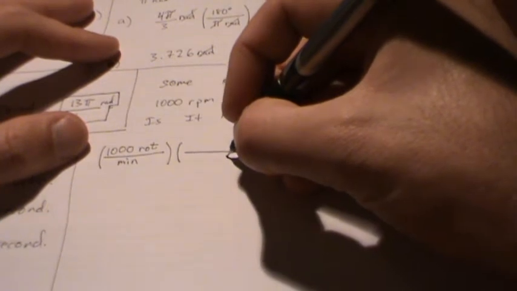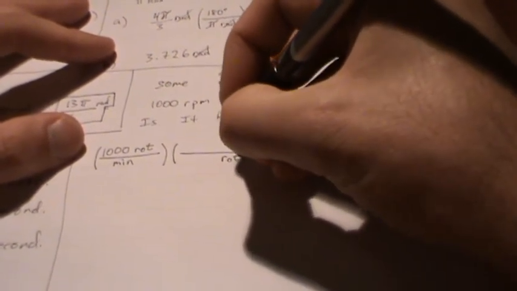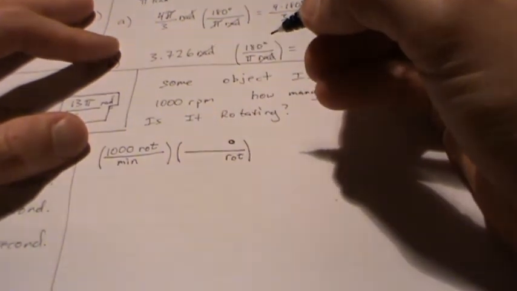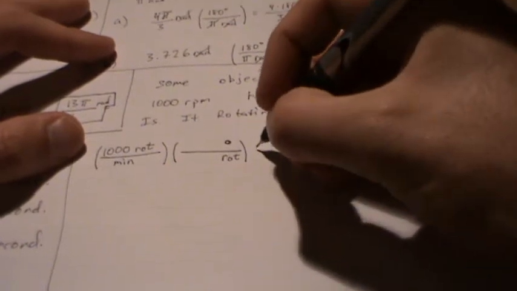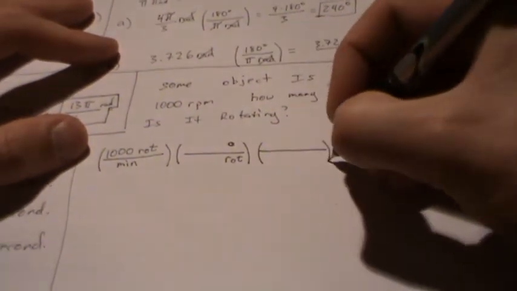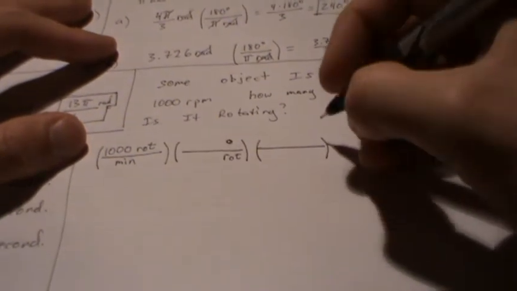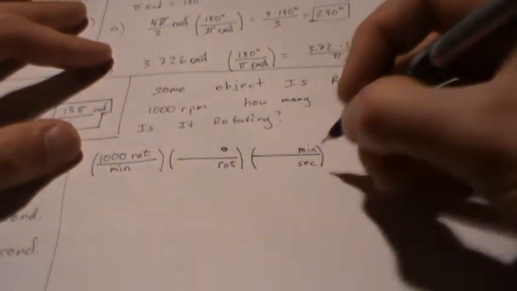I want to get rid of rotations and go into degrees. And then I also want to create another fraction over here to cancel the minutes and get into seconds.